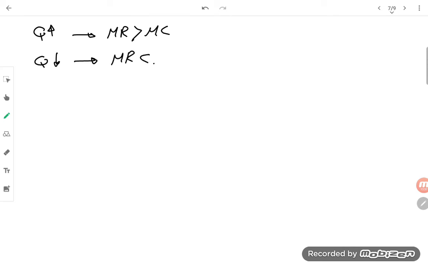So this can be summarized as you can increase production when marginal revenue is greater than marginal cost, or decrease production if marginal revenue is less than marginal cost. Keep production level constant when marginal revenue equals marginal cost, and this is the profit maximizing point.